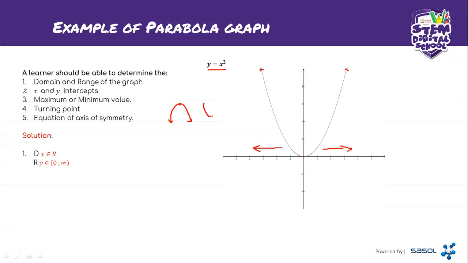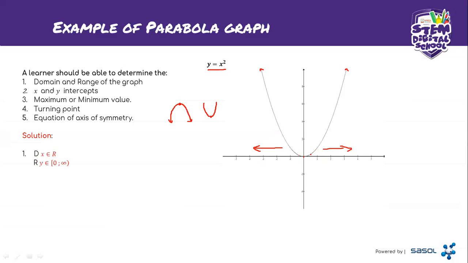And if the graph is facing up, then it's going to give us a minimum. So it is very clear that this graph is going to give us a minimum.